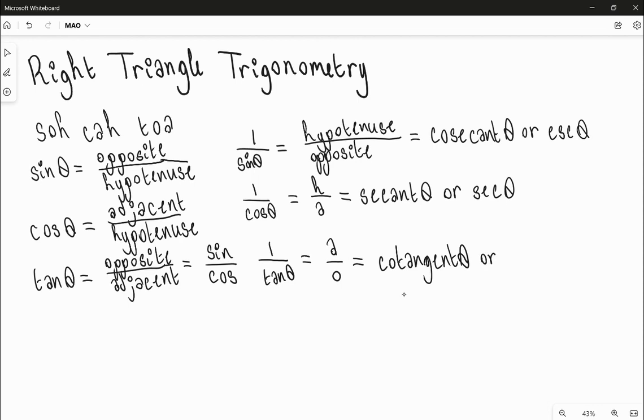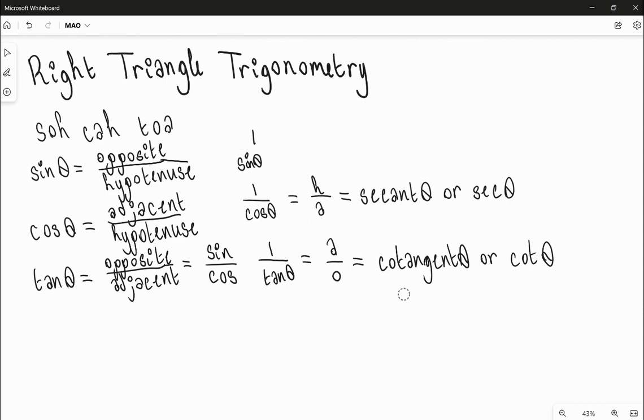Cotangent theta, or you can write it as COT theta, and that's adjacent over opposite. So there are 6 trig ratios. There isn't a mnemonic device to remember cosecant, secant, and cotangent, but if you remember which ones they correspond with, it gets pretty easy. And obviously, the more you use them, the easier they are to remember.